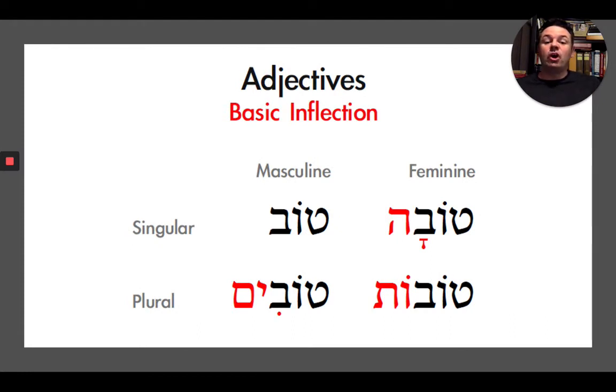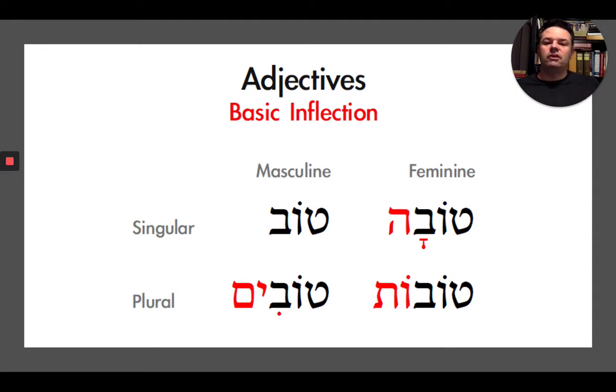So we've got the word tov here, which means good. And if you want to pair this word tov with a feminine noun, you would say the word tovah. So if you wanted to say good woman, you're going to use the words isha and tova. But if you want to say good man, you're going to say ish tov.